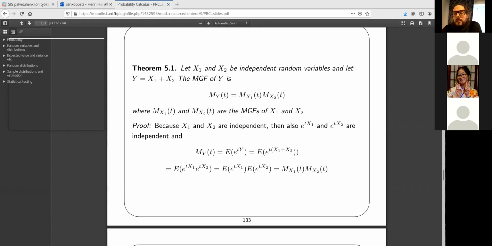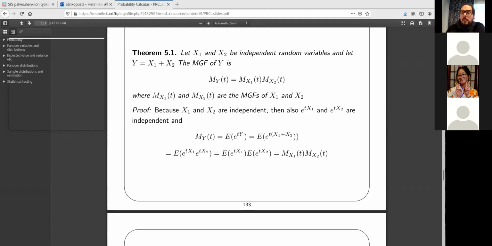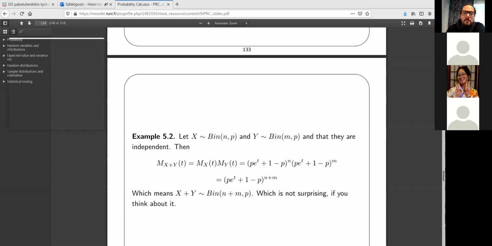Again, not necessary to go in depth here, but these sorts of techniques can then be used to prove several very important and interesting theorems.